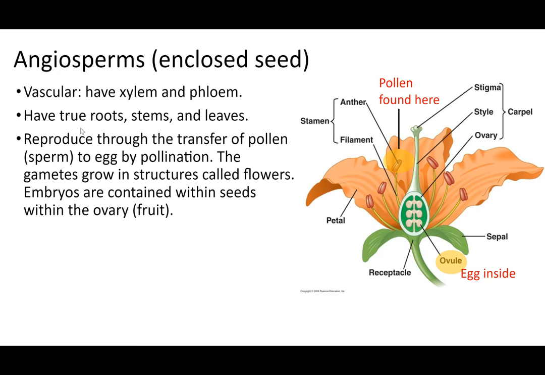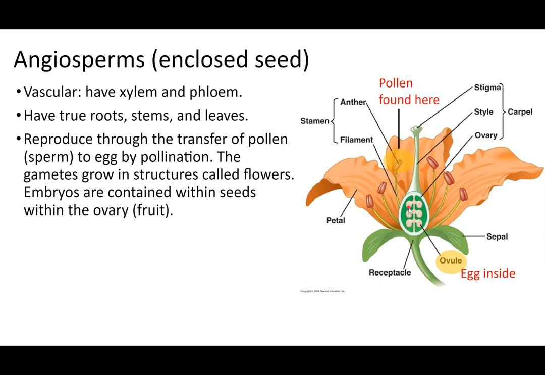And they reproduce through pollination, but it's a little bit different from the gymnosperms. In angiosperms, the gametes grow in a structure called the flower, and the embryos are contained within seeds that are in the ovule or the ovary, which, when it develops, becomes a fruit.